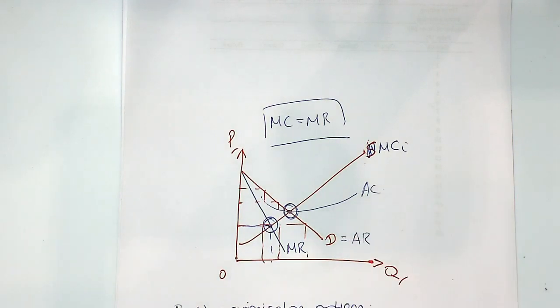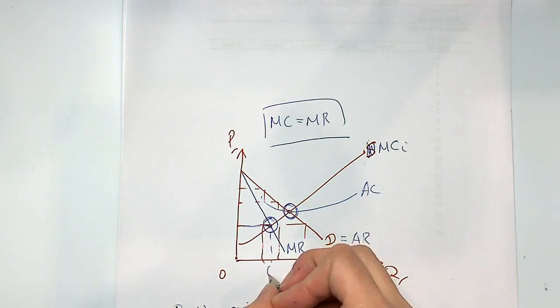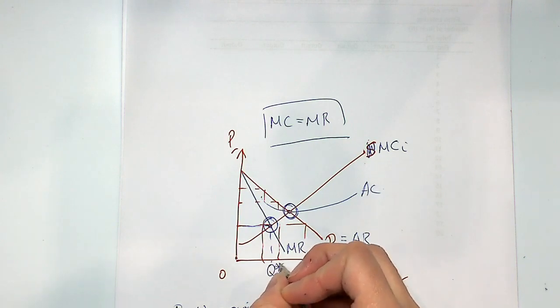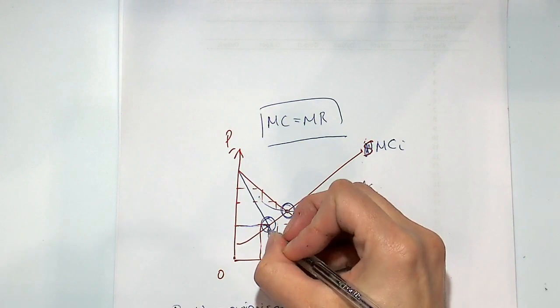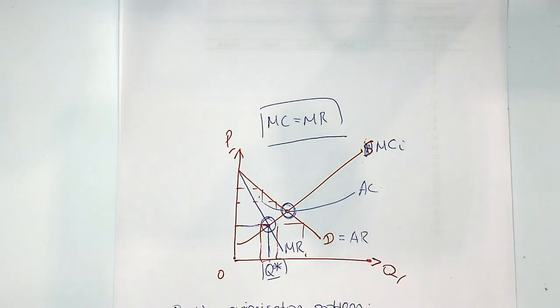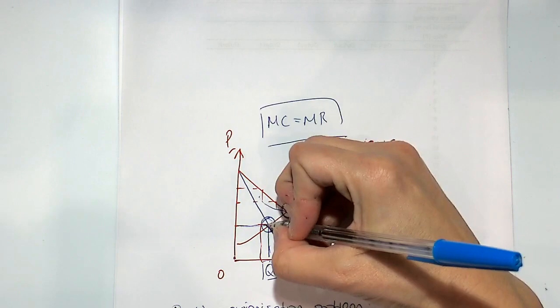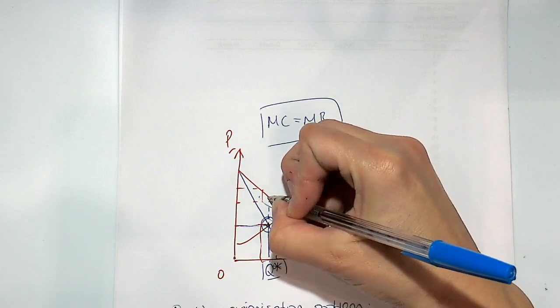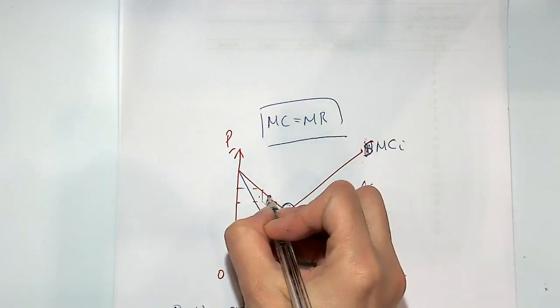In fact, they are going to say, if I sell that quantity, Q star, so in the slides you have the clearer graph, which is where marginal revenue equals marginal cost, I know because of my market conditions that the maximum amount that consumers will be willing to pay me is this here.